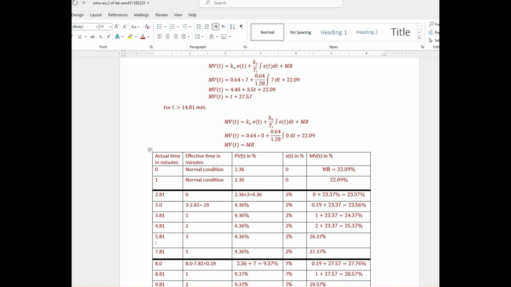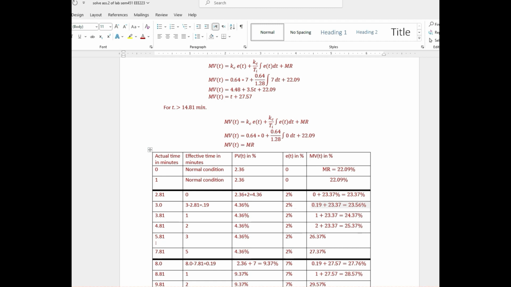At 3 minutes, which is here, we consider that the effective time 2.81 is the zero moment. So 3 minus the zero moment, which is 2.81 in our example here, is 0.19, and this time the error is still constant. So BV is still constant at this value, and the error is still constant at 2%.